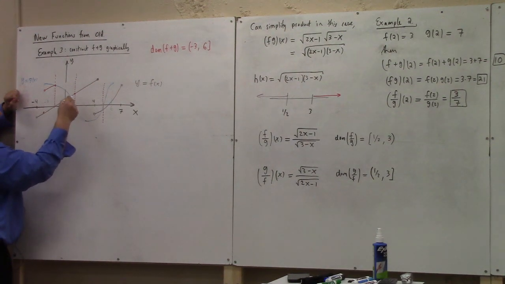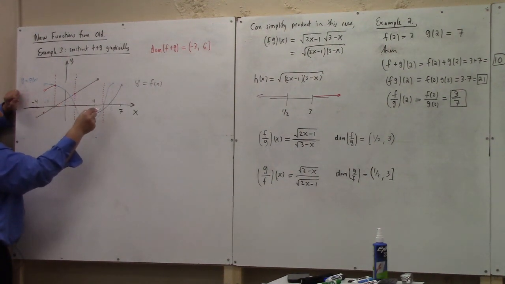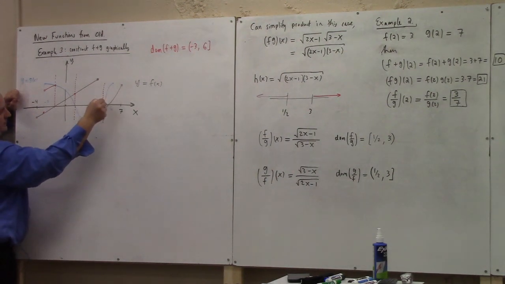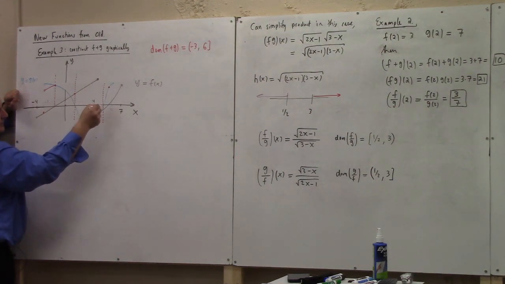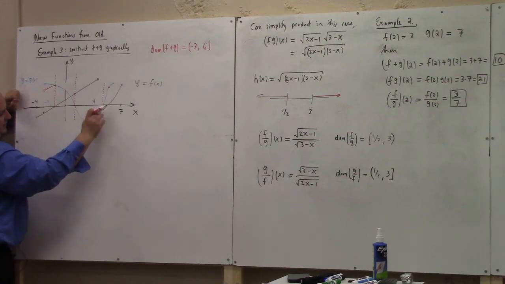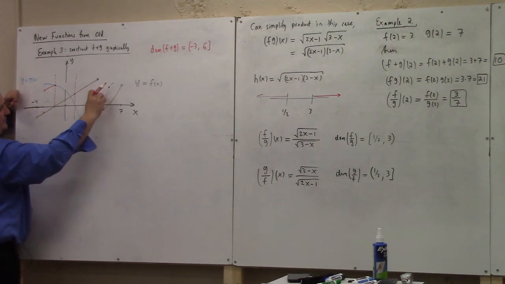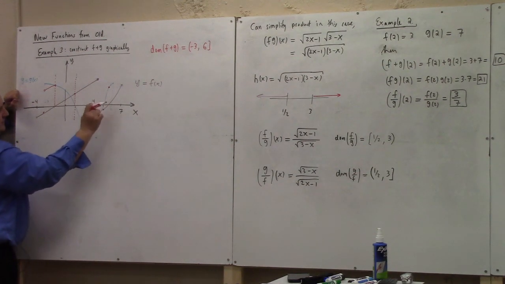And let's see here. We'll drop down when we get here, that point right there. We also have to go through essentially that point. My dotted lines are kind of crooked, I'm sorry.